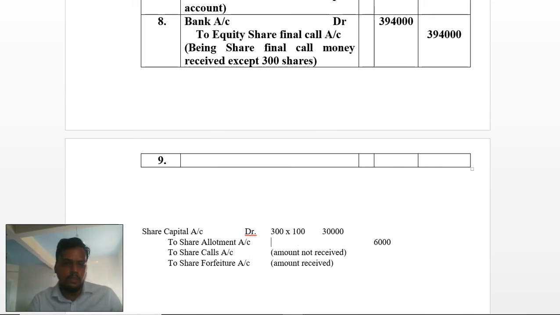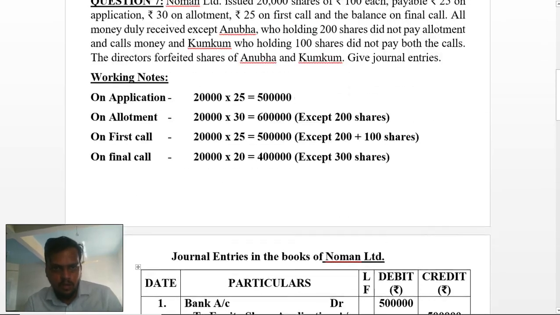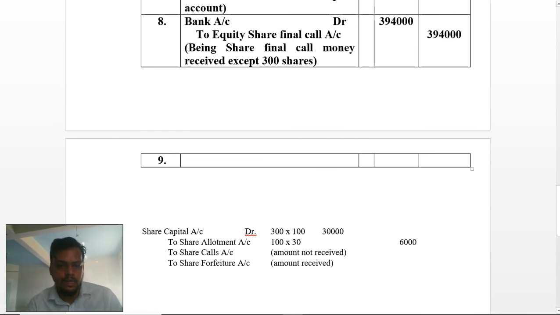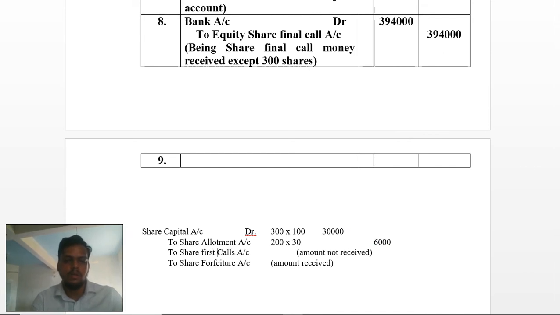Here I will mention how many shares you have not received. 100 multiplied by 30 rupees. Not 100, I think 200. Here you will write 200 shares into 30 rupees, which has not been received by us. Now on calls, on first call and final call, we have to make two different terms. Here I will write first call, and then again I put final call.